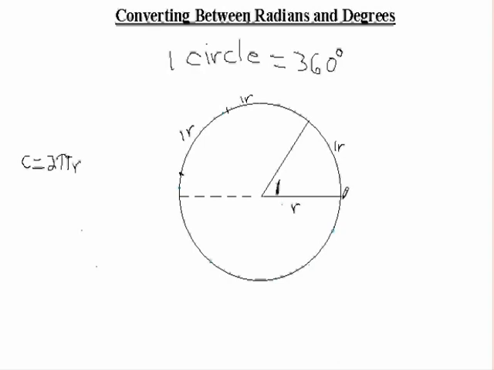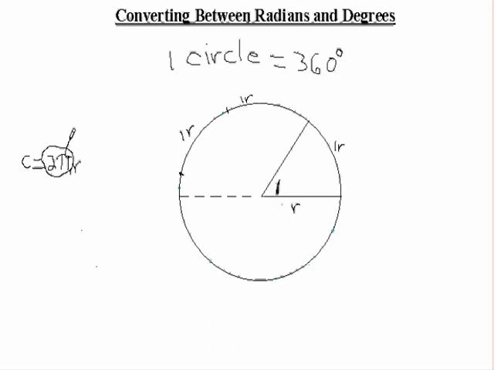If we were to cut it and lay it out straight, this is its length, and that length is based on the radius. And in fact, it's telling us that it takes that many radii exactly to form one circle. Well, how many radii is that?